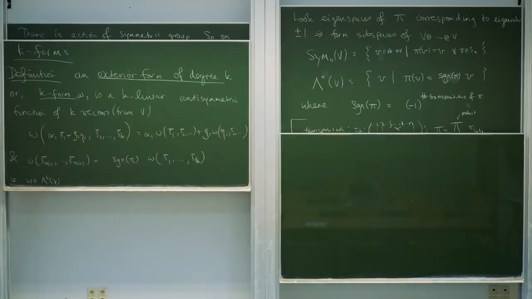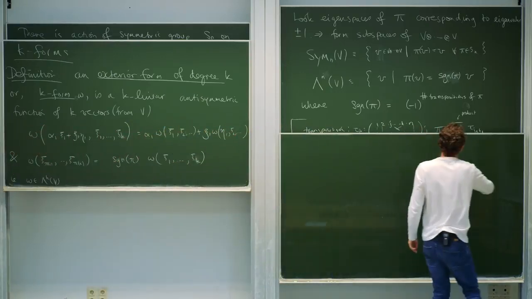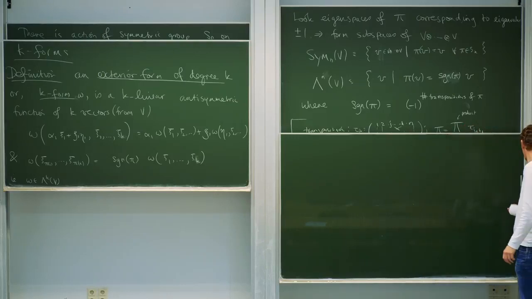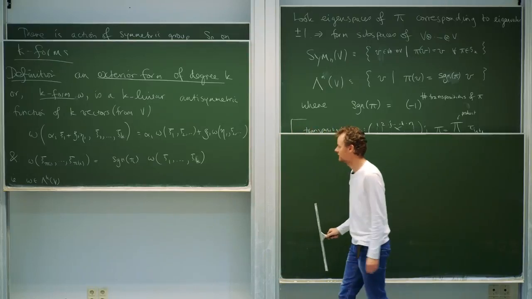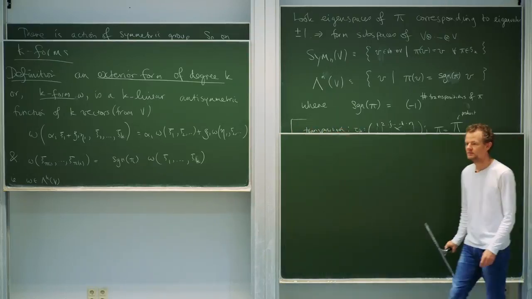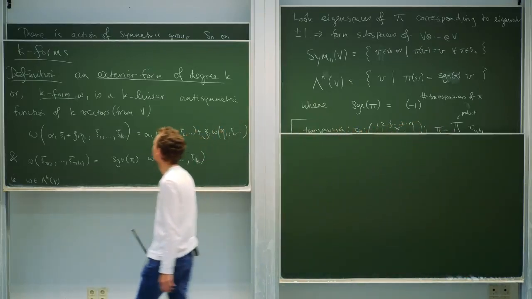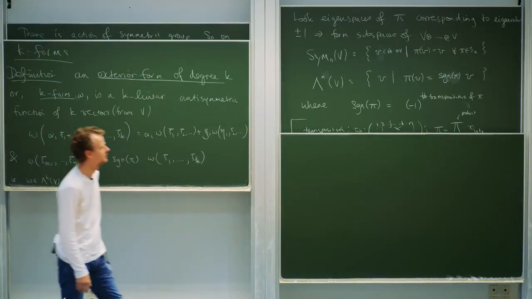Fermions, you may remember, if you take a fermion in one state and a fermion in another state and you exchange them, you pick up a minus sign. So according to this somewhat strained analogy, k-forms are like fermions. They're like fermions, and we're somehow using this fermionic nature to talk about orientation.